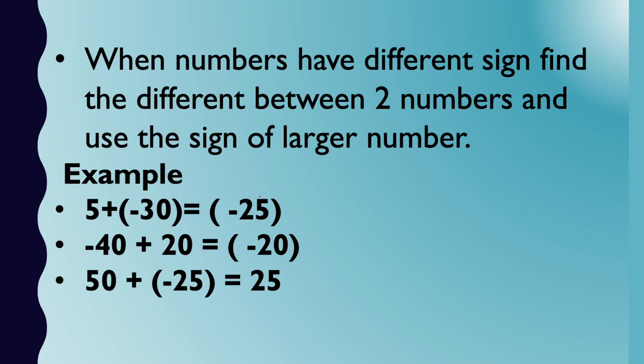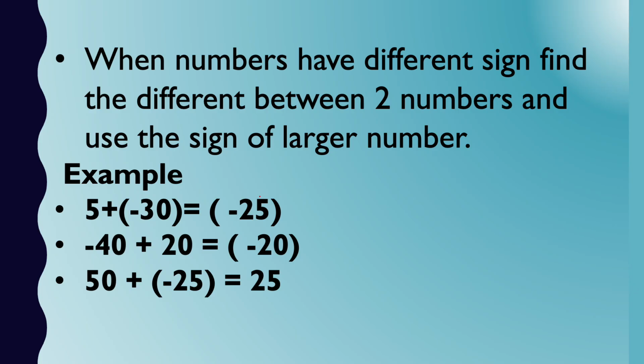So what are we going to do now? We are going to find the difference between these two numbers. Let's forget about the minus for now: 40 minus 20. What is the answer?